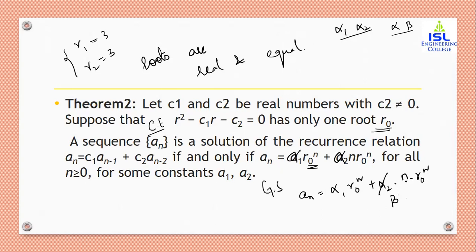But over here, since the root is same, we will be using a factor of n, which is n into r naught power n, where alpha 1 and alpha 2 are constants. Now based on this, we will solve a problem.